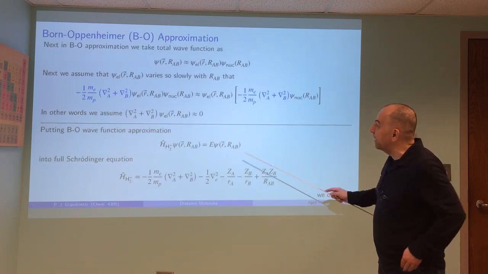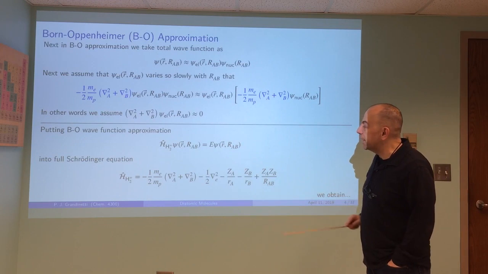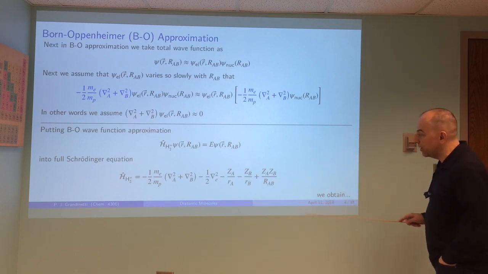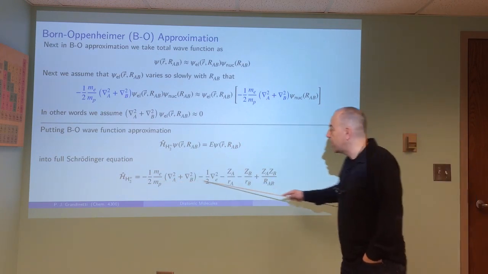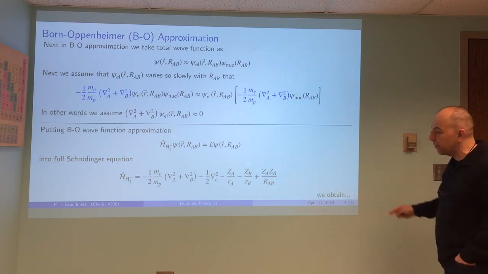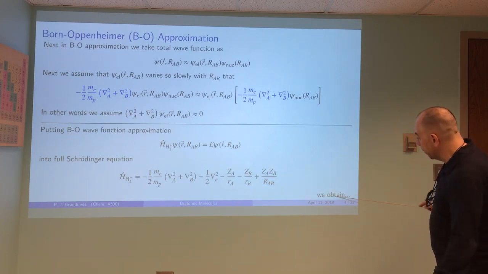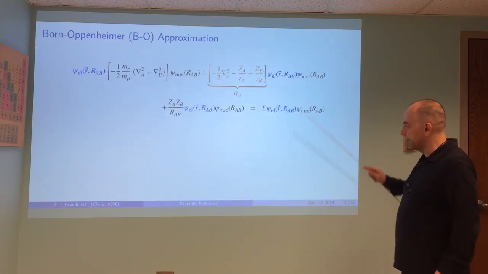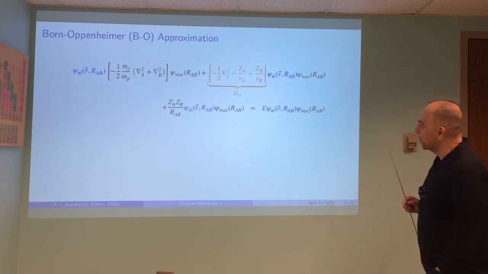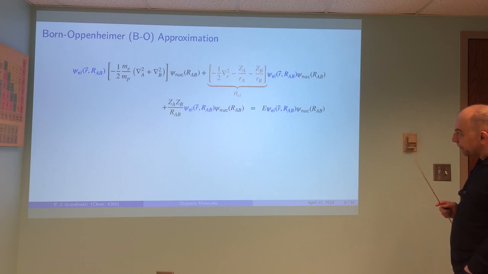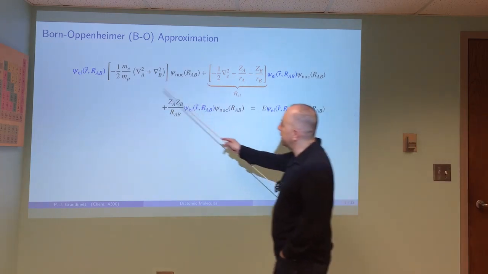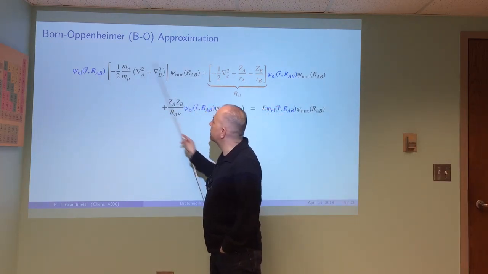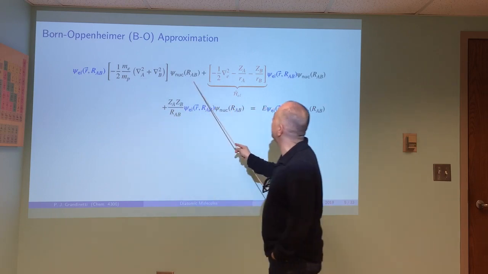Let's go back now and take that wave function and plug it into the full Schrodinger equation. Remember, that's the full Schrodinger equation in atomic units for the problem. When we do that, this is what we get. Let's go a little slowly here. Remember again that the wave function for the electron slid past this term, and so we just have this.